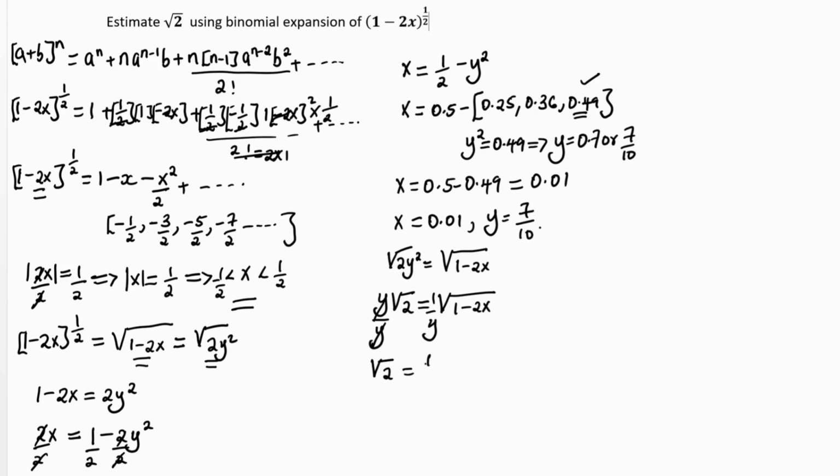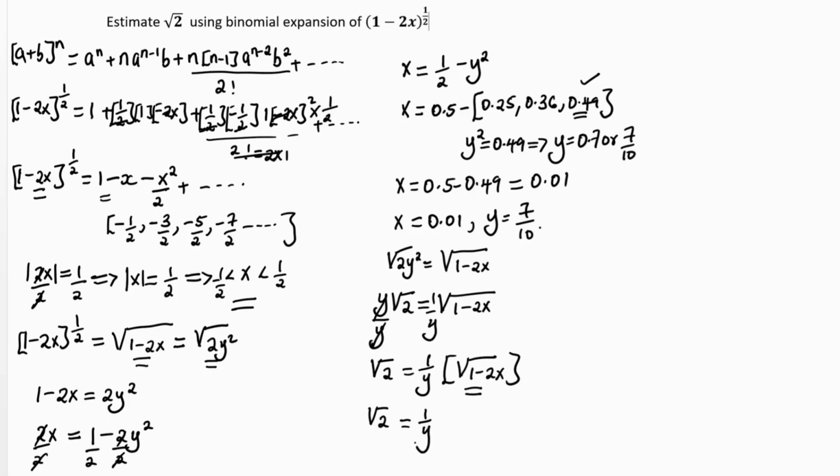It therefore means root of 2 is the same as 1 all over y into root of (1 minus 2x). But what do we know? We know the root of (1 minus 2x) is given by 1 minus x minus x squared all over 2 from binomial expansion.